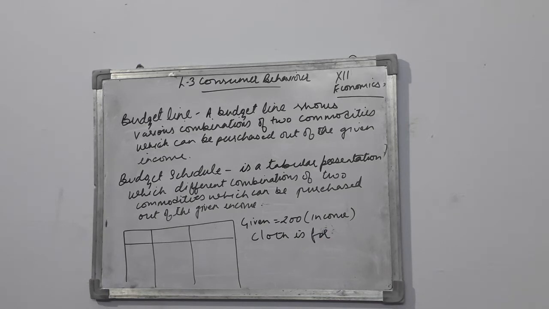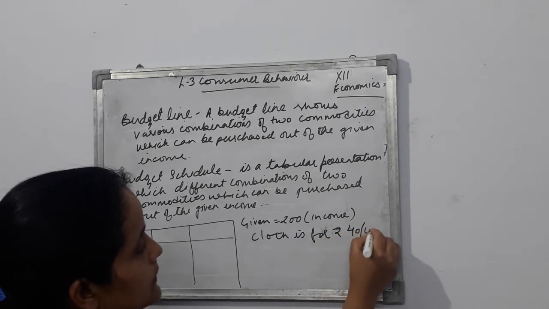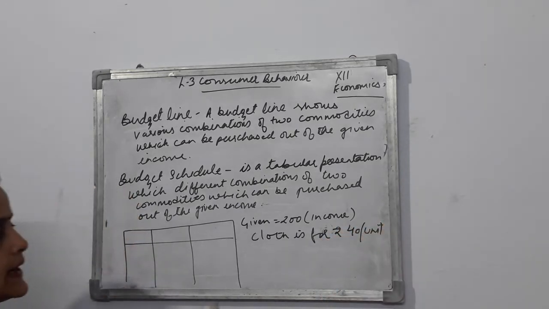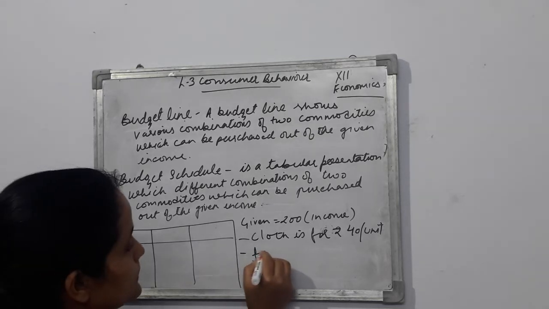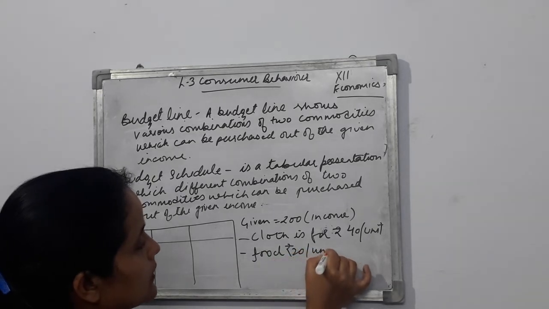The price for cloth is ₹40 per unit. Okay, this is given. And the price of food we are assuming is ₹20 per unit.